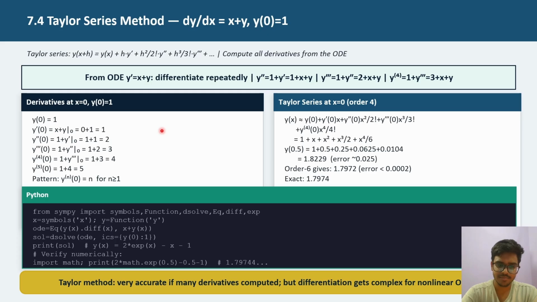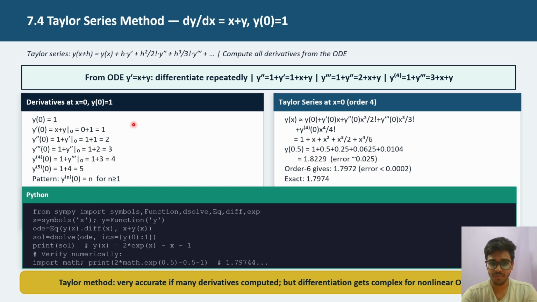Taylor series method. This method expands the solution as a Taylor series around the initial point. The formula is read as y of x plus h equals y of x plus h y dash plus h squared by 2 factorial y double dash plus h cubed by 3 factorial y triple dash, and so on.